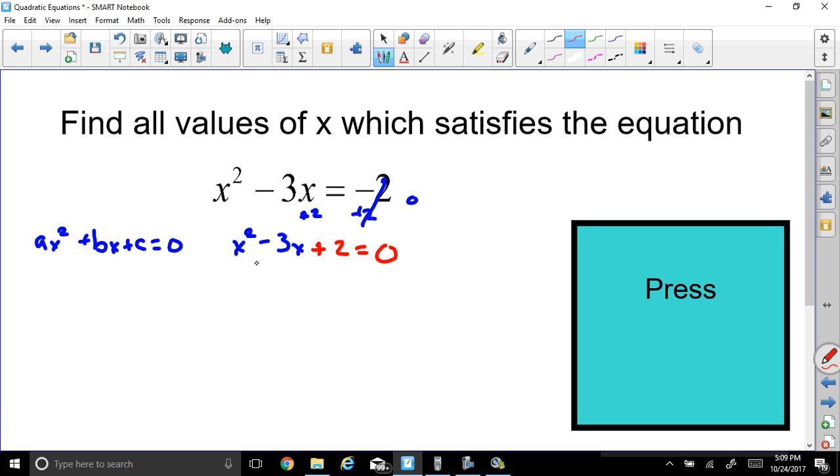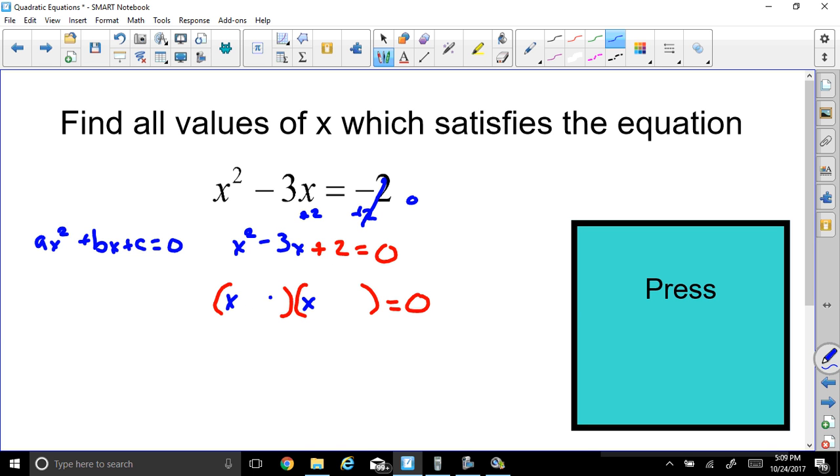So now I got to solve this. How do we solve this when we're looking for x? We factor. And if you haven't seen my videos on factoring, check them out. All right, so let's factor. We got x in the first part of each parenthesis, and now we have to look for two numbers that will multiply to give you positive 2 and also give you a sum of negative 3.